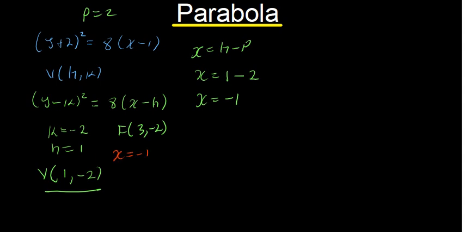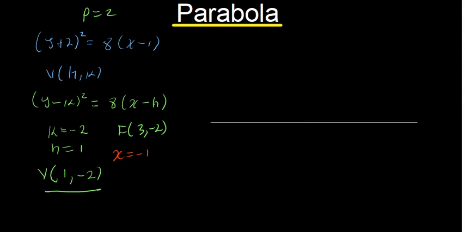So now let's do the sketching. At least we know this is oriented on the x-axis, which makes it easy for us. Looking at the fact that our p is positive, it opens to the right. But first of all, we have to indicate where the vertex is and where the focus is.